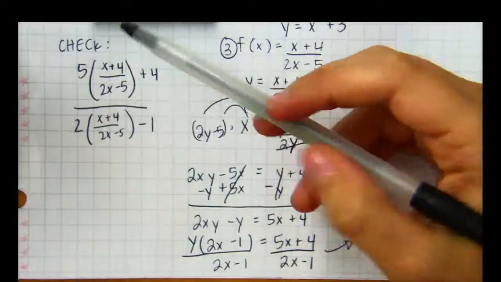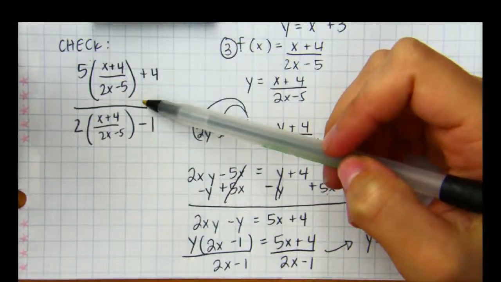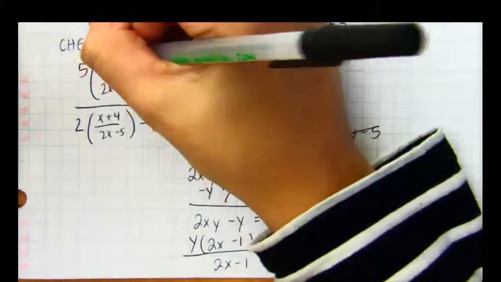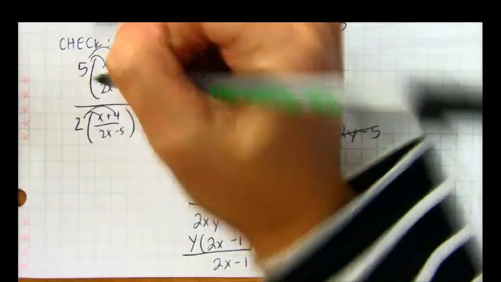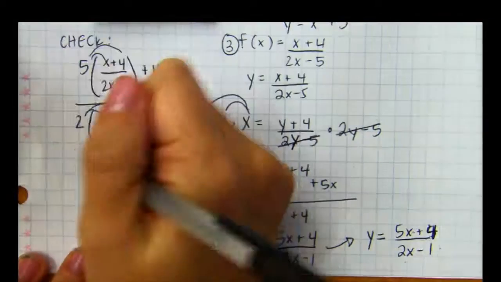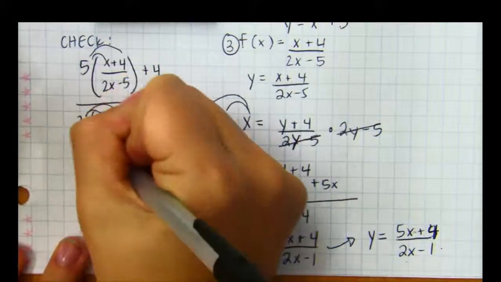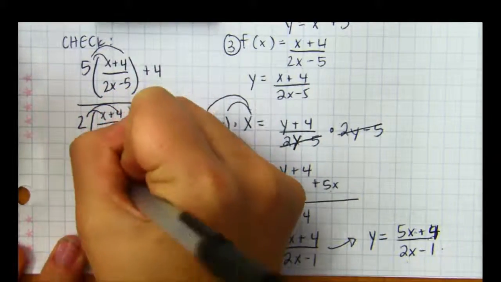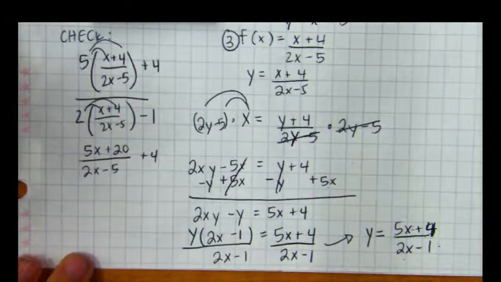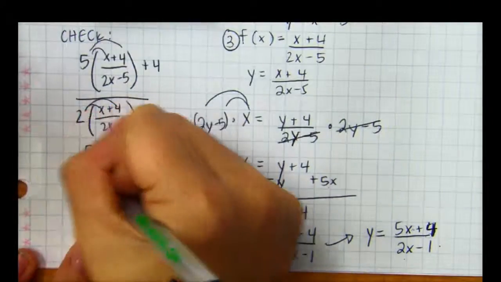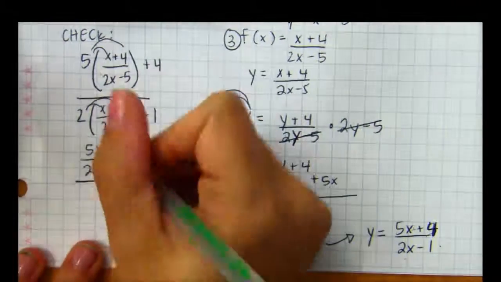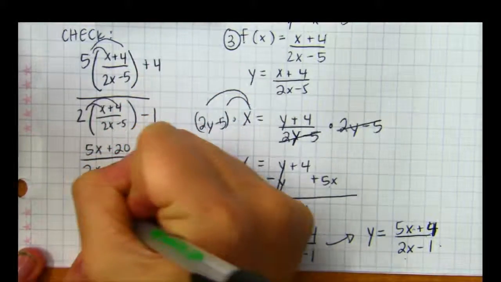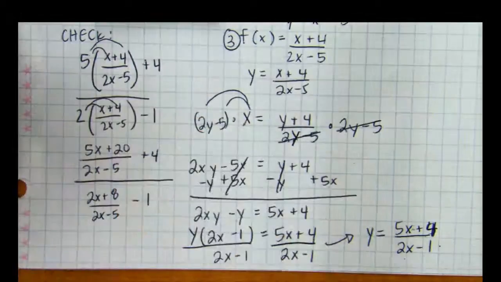Okay, so my goal is to simplify this out enough that I don't have to deal with it anymore, really. So I'm going to try distributing in my 2 and my 5. Let's see what happens. So I've got 5x plus 20 over 2x minus 5 plus 4 in my numerator, divided by 2x plus 8 over 2x minus 5 minus 1.